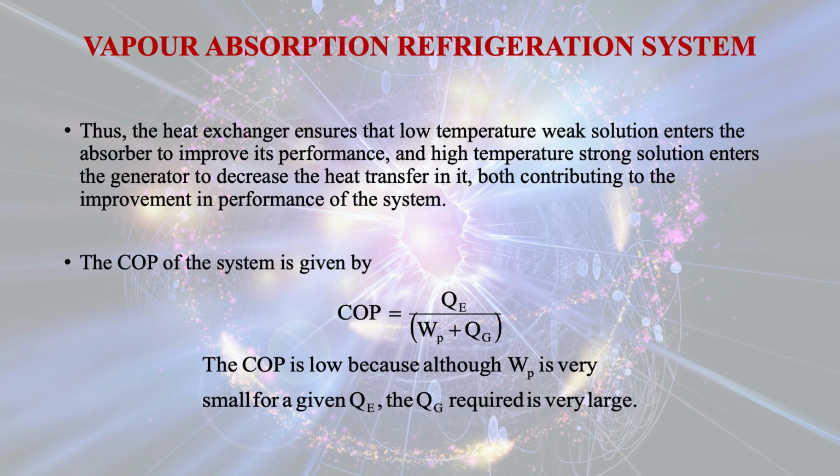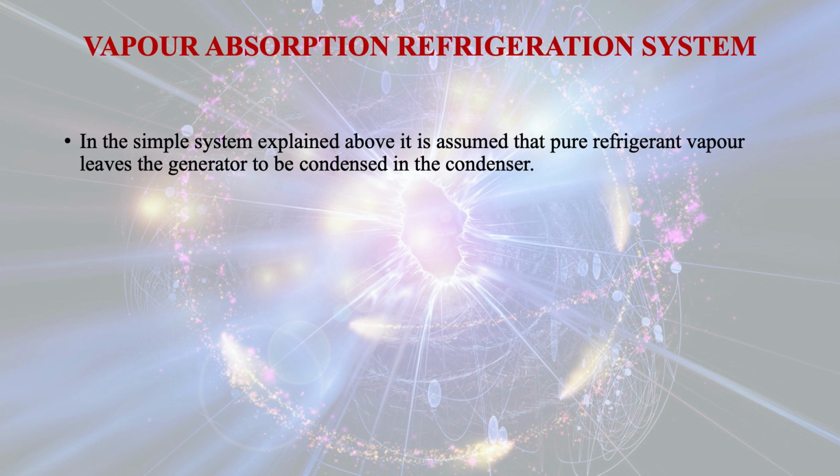The COP is low because although WP is very small for a given QE, the QG required is very large. In the simple system explained above, it is assumed that pure refrigerant vapor leaves the generator to be condensed in the condenser. This is barely a fact in practice.